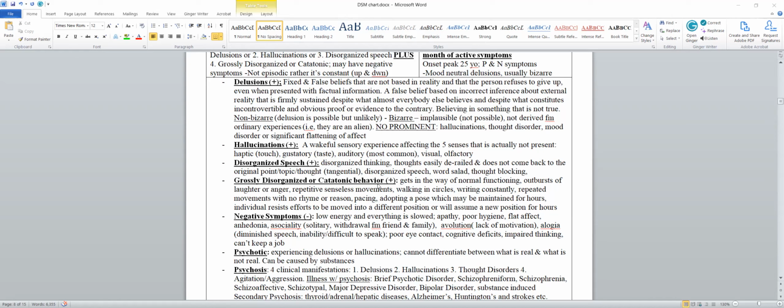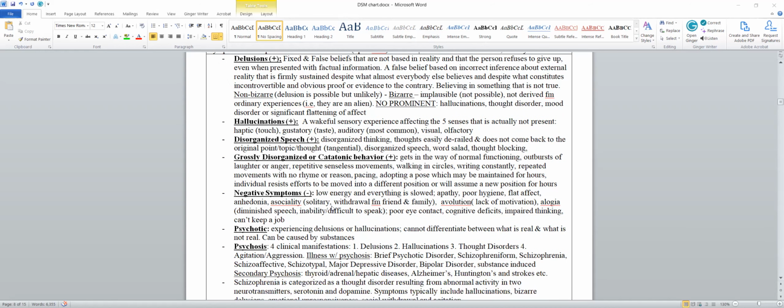These are all positive symptoms. Negative symptoms are how I differentiate: positive is you're adding something and negative is something is reduced or taken away.